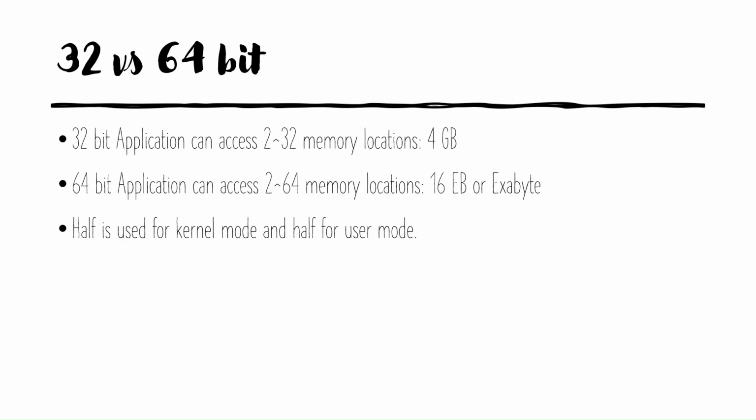Now, when an application runs, for example, you open Notepad and you just type A, right? Just to accomplish this task of printing A in your Notepad, it has to go through user mode and kernel mode multiple times.